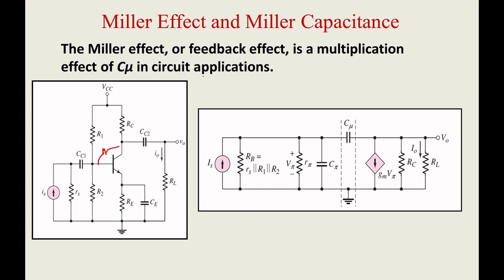It is a multiplication effect of C mu in circuit applications, as I said in the last slide. It should be limited in circuits. Especially at higher frequency it will play the major role, so it should be removed to avoid any non-linearity in the circuit.